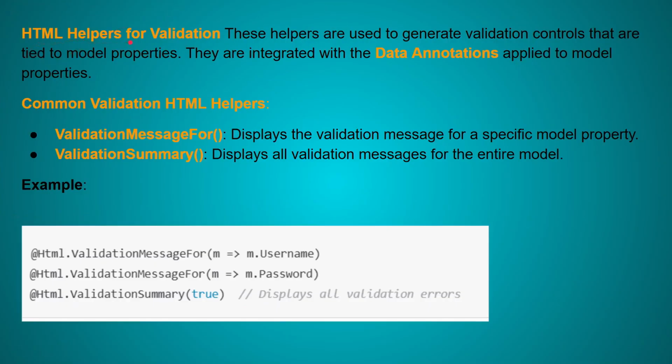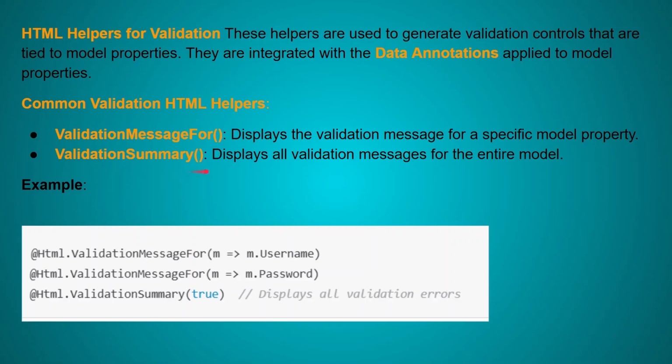HTML helpers for validation. These helpers are used to generate validation controls that are tied to model properties. They are integrated with the data annotations applied to model properties. Common validation HTML helpers. ValidationMessageFor, and ValidationSummary. So ValidationMessageFor displays the validation message for a specific model property.